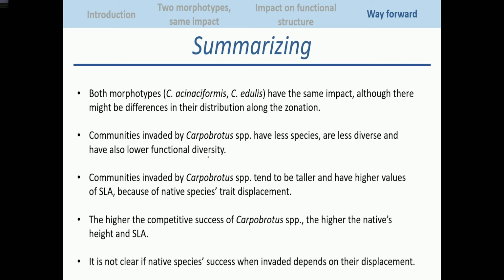And of course, we need to further analyze, as I said before, these changes by confronting them with previous situations, before the invasion, to be able to disentangle this driver versus passenger question.